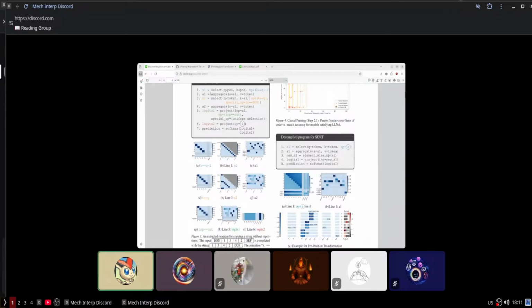You do S1 and you get A1 by aggregating it, and then you do S2 where you take the token and you take A1, and A1 is just the aggregation of S1.